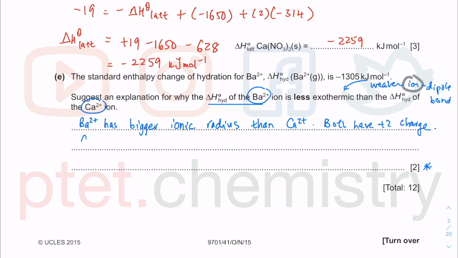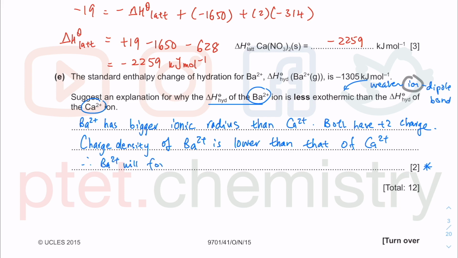So then we have to talk about charge density. Charge density is charge over size. So the charge density of Ba2+ is lower than the charge density of calcium 2+. So therefore, Ba2+ will form a weaker ion-dipole bond.